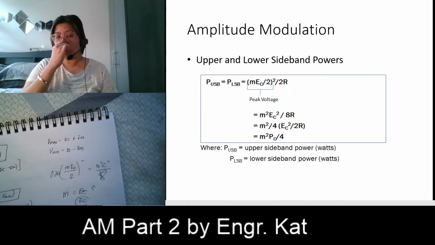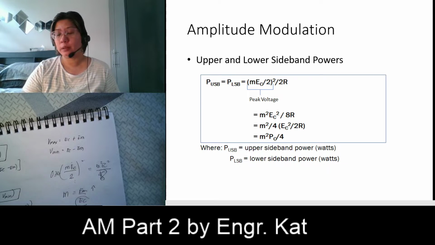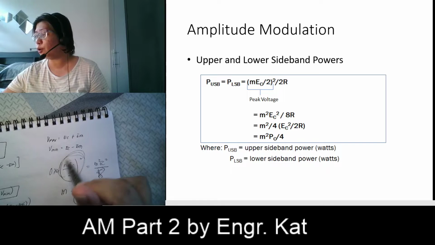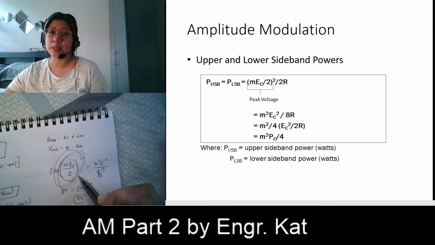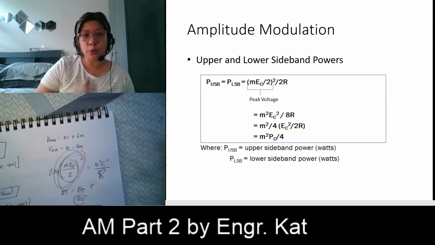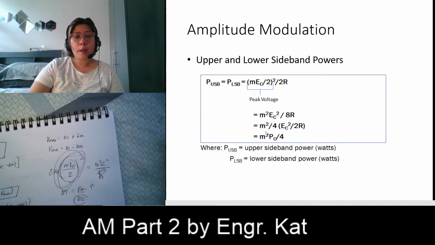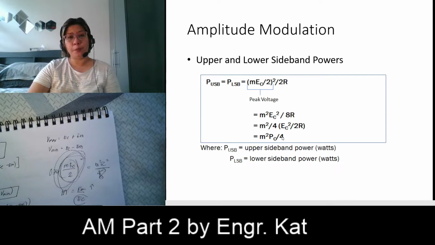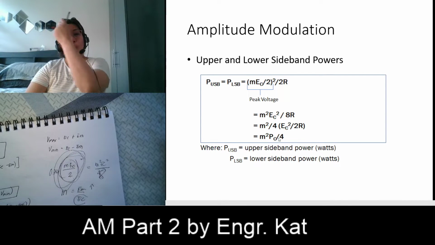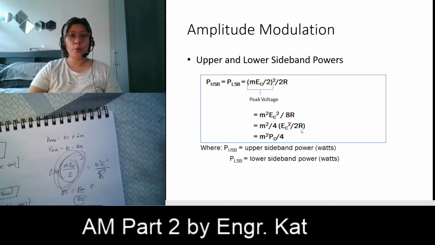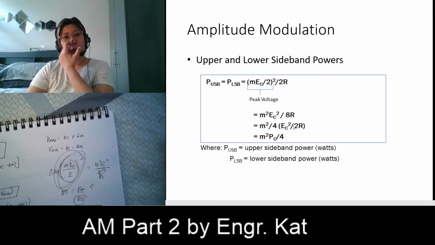So always remember that this is a peak value, so we need to get the RMS value for this. And the RMS value is given by m squared Pc all over 4. So this will give you m squared over 4 times Ec squared all over 2R.